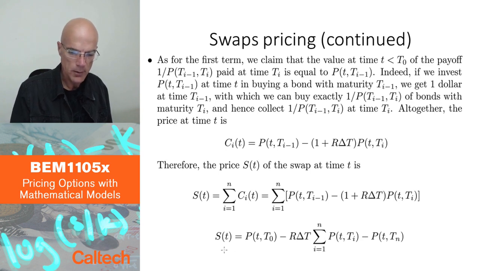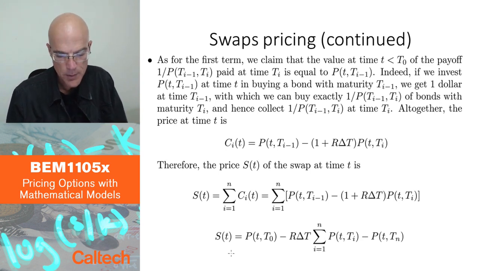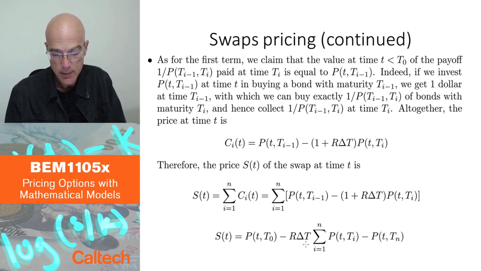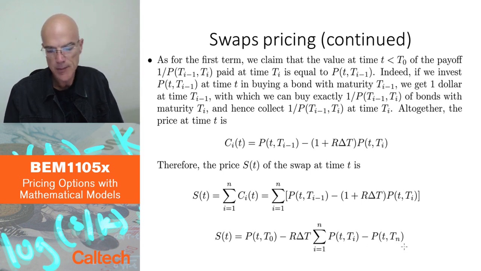So the total formula for the swap is P of t t0, the price of the bond with the maturity at the first payment of the swap, minus swap rate R delta t times summation of all the bond prices with all maturities minus the price of the bond with the final maturity of the swap. R is called the swap rate. The fixed rate is called the swap rate.